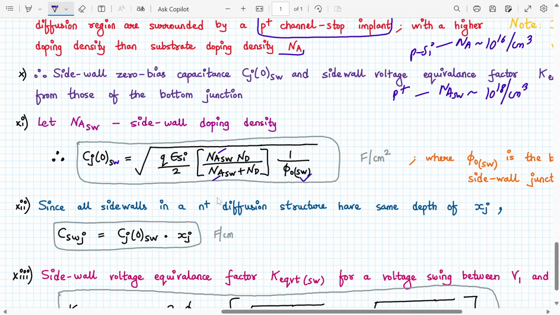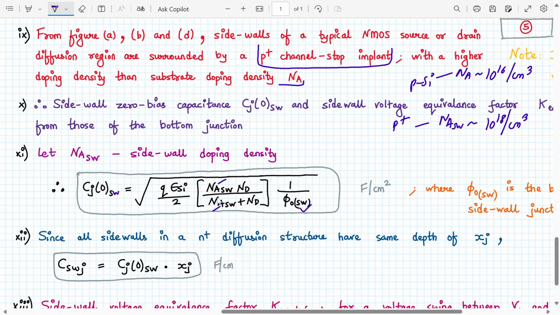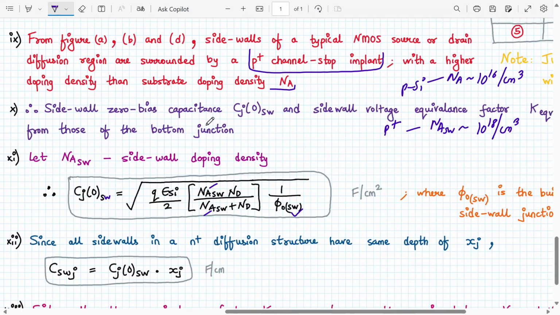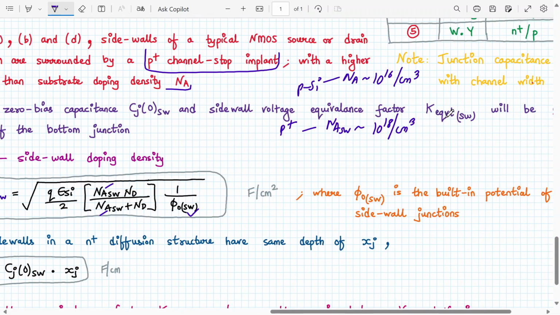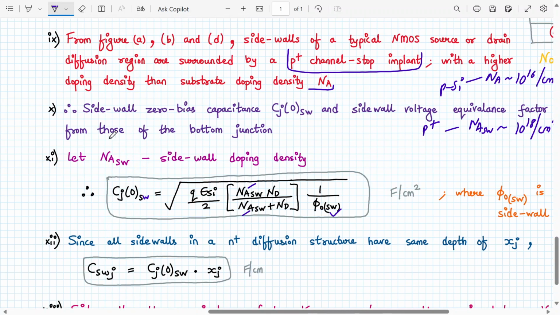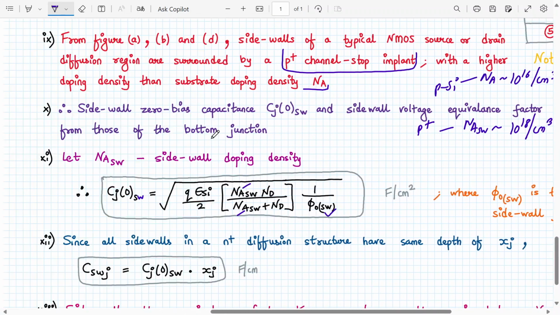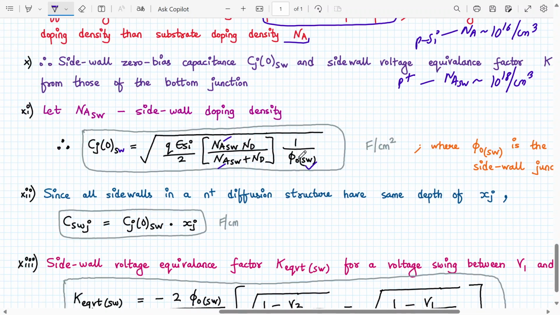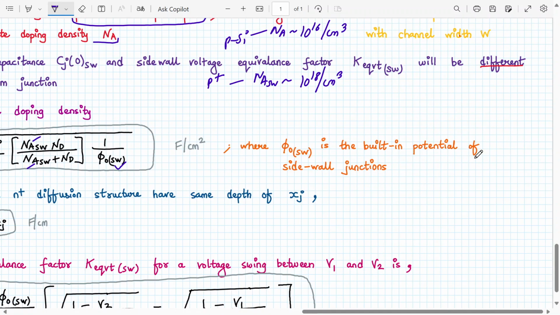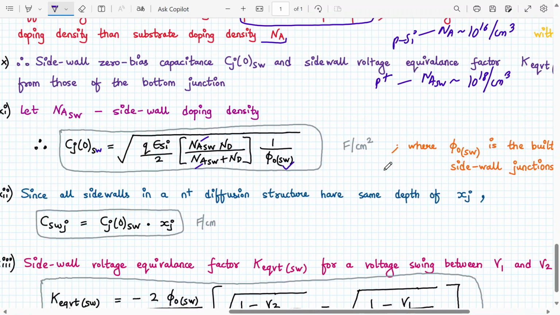NaSW is the sidewall doping density of the N plus P plus channel stop implant. So the sidewall zero bias capacitance Cj0 and the sidewall voltage equivalence factor K equivalent of sidewall will be different from the bottom junction. Phi sidewall is the built-in potential of the sidewall junction.